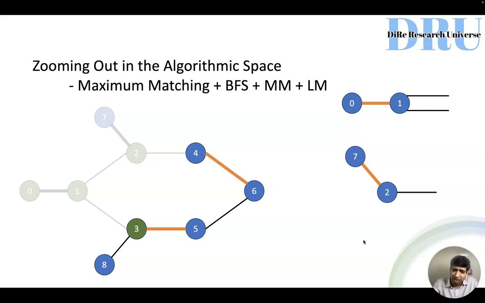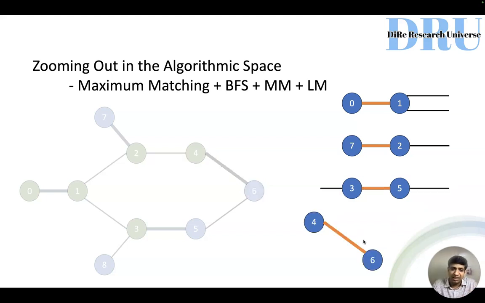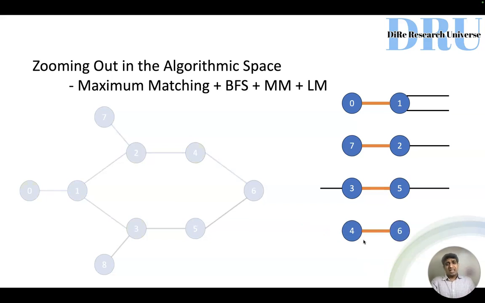Next, we have 3 that is part of the BFS. So we pick the edge connecting 3 with 5 as it is part of the maximum matching. And finally, we are left with an edge that connects vertices 4 and 6. Now, because we determined the order in which the edges are picked, and also within that ordering induced by BFS, we introduced the notion of which edge gets picked.